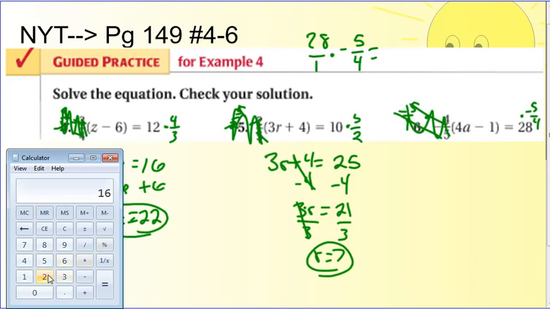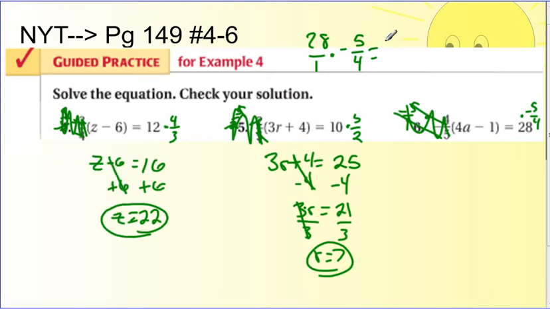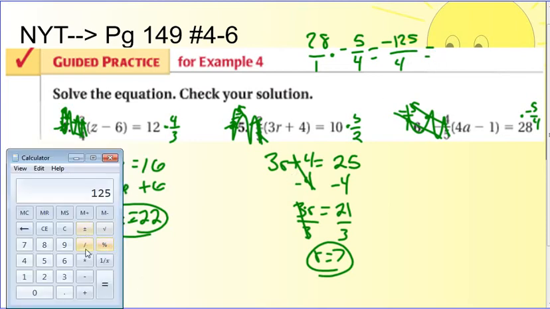Let's see, 28 times 5 equals negative 125 divided by 4. How many times does 4 go into that? We're going to take that and divide by 4. 31.25.